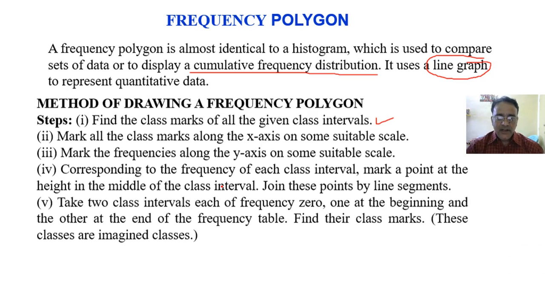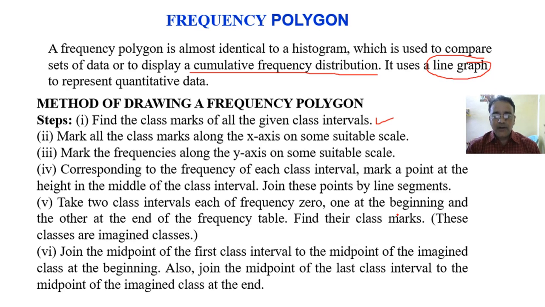Okay, take two class intervals, each of frequency 0. One at the beginning and other at the end of the frequency table. And we will keep the frequency 0. Okay, and join the remaining lines with their class marks. Then only we will get the polygon complete.